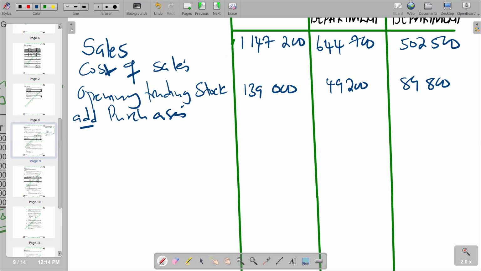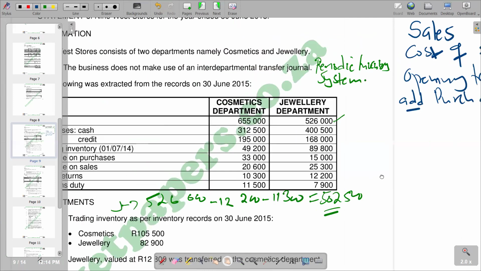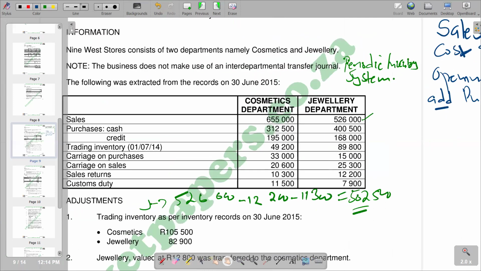Then we go there now to try to see how we calculate our purchases. So coming back there, we see that our purchases figure, we're given it as cash purchases and then credit purchases. So it means we have to add the two.